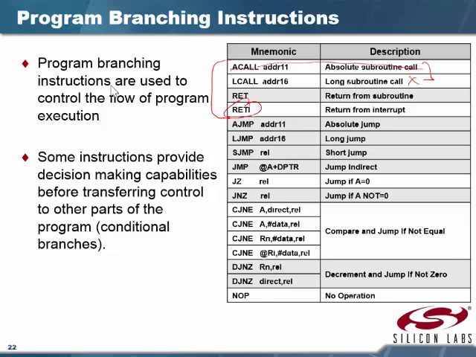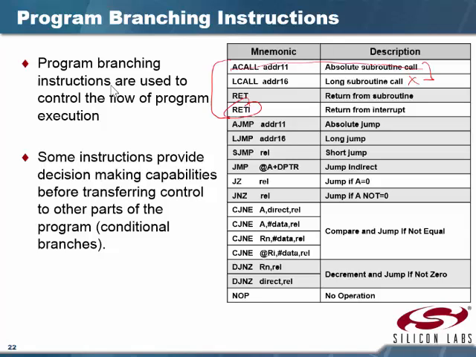If it is, we jump; if it's not equal to 0, we don't jump. So we've got the short jump and the jump indirect. Then we've got our compare, where we compare A to a register or a memory location, or a register to data, or a memory location to data, and we jump if they're not equal to each other. So these are the jump commands.